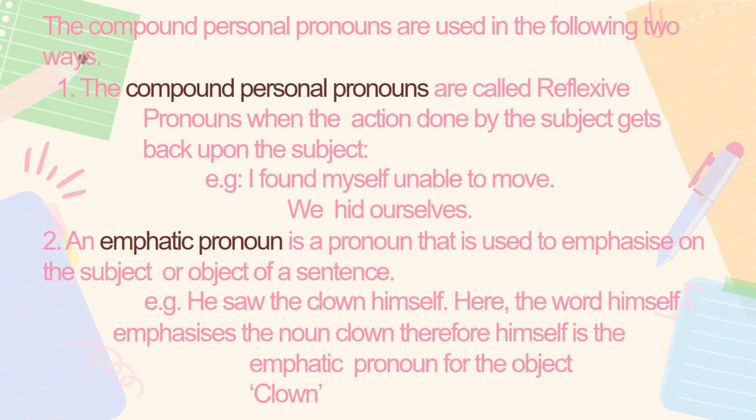The next part is the types of compound personal pronouns. These are basically used in two ways. The compound personal pronouns are also called reflexive pronouns when the action done by the subject gets back upon the subject.